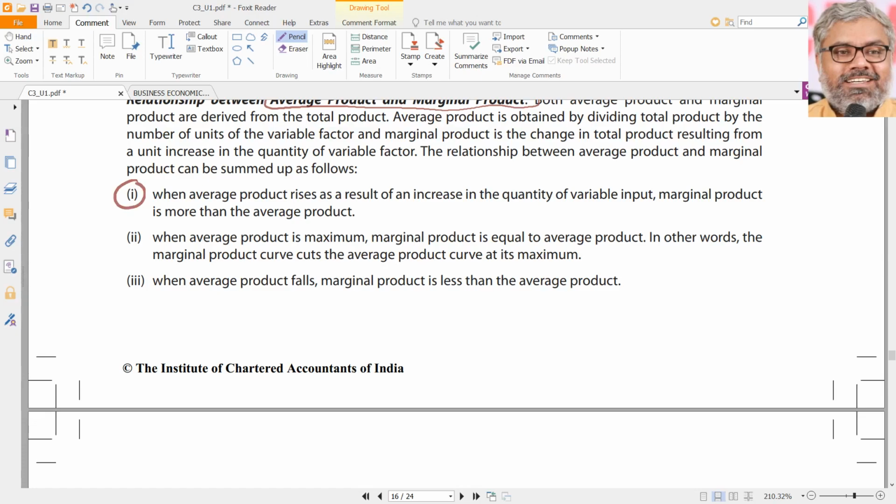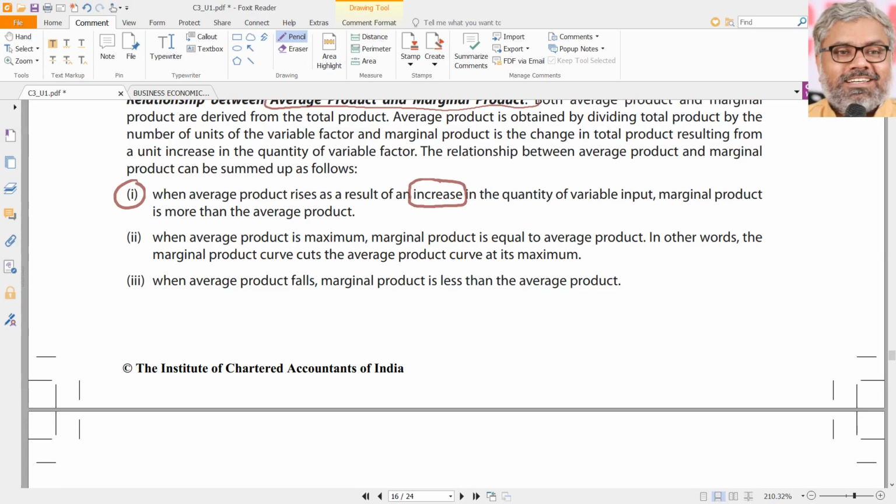One by one, let us see. When the average product rises as a result of an increase in the quantity of variable input. See, wherever we talk about variable input, what does it mean for us? In our example, labor. Only one input is variable, right? Whatever that input is. So there is an increase in the quantity of variable input, which is naturally shown on the x-axis.